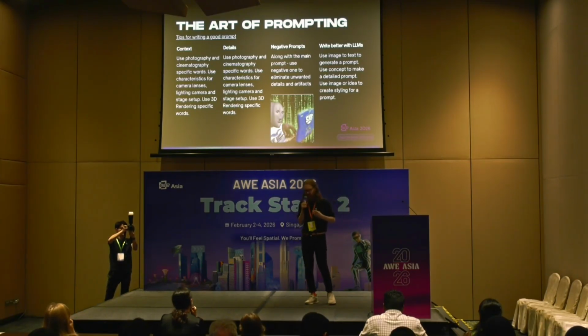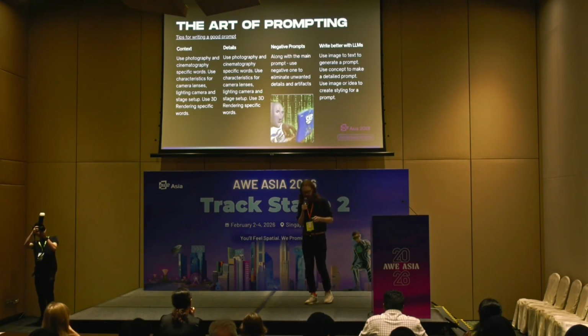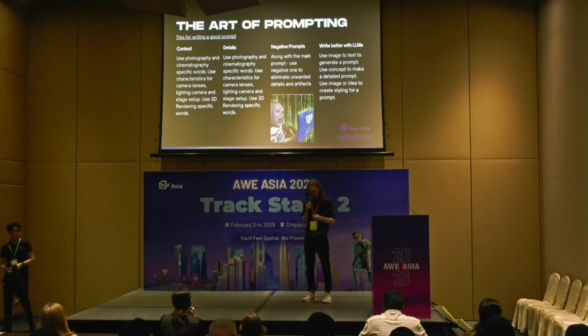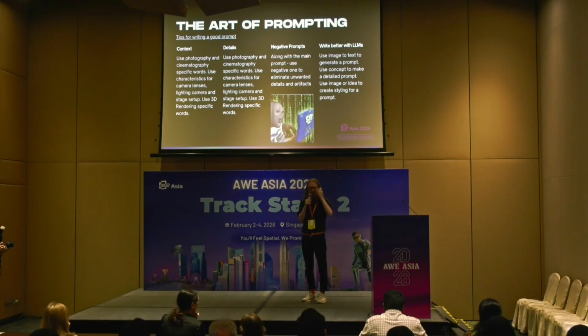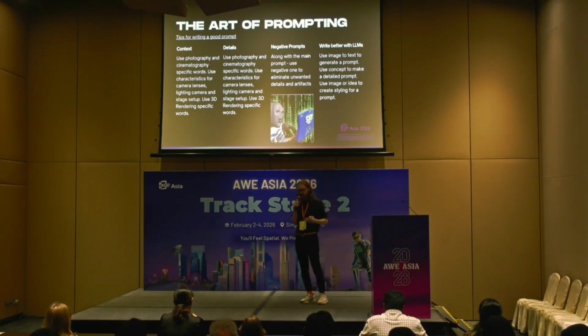So before feeding the prompt into a certain tool, we can actually shape that prompt through LLMs like ChatGPT. LLMs are large language models. These are changing the way we create these days, and it's important to learn about them, and it's important to try them and slowly adopt them in our production workflows.